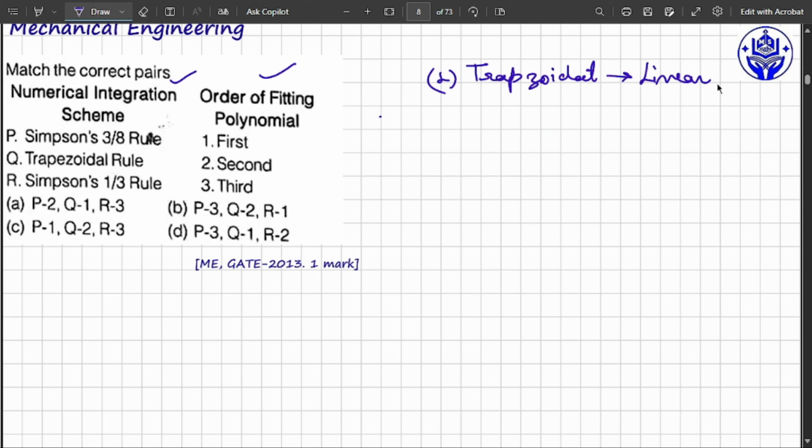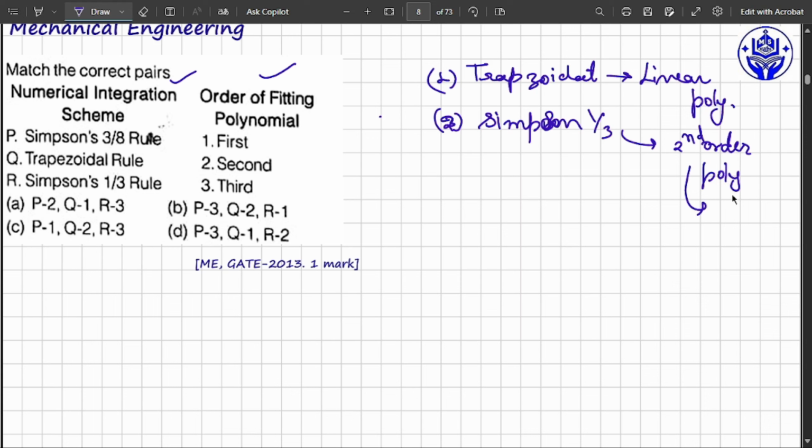It is not for non-linear, it is just for linear. On the other hand, Simpson 1/3 fits a second-order polynomial, like a parabolic kind of polynomial.